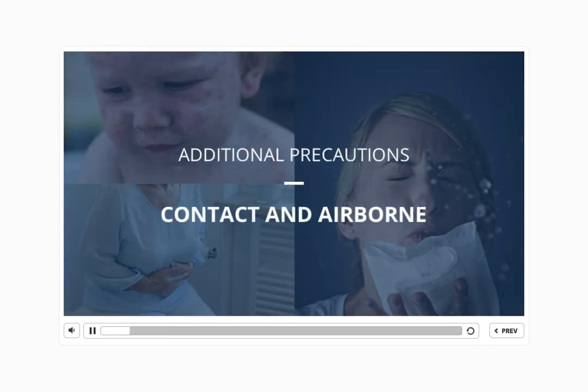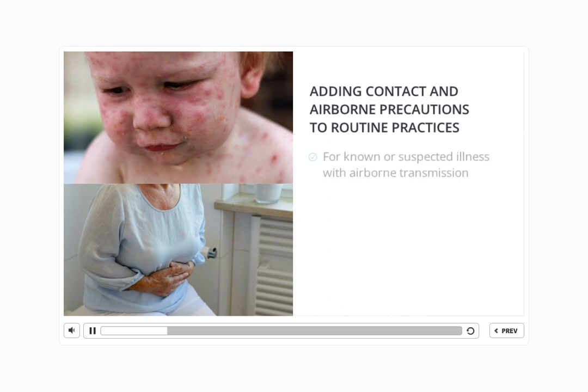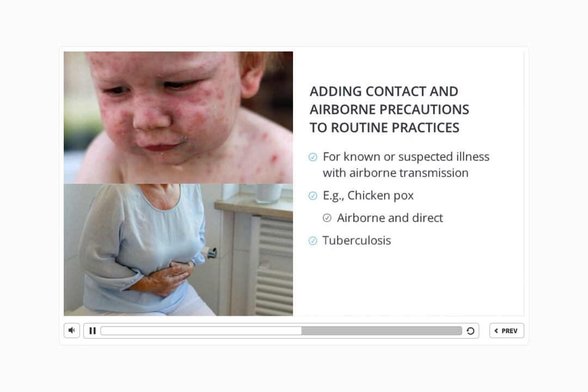At times there are known or suspected illnesses where the pathogens are airborne. Examples include chickenpox, which is transmitted by airborne organisms and by direct contact with draining lesions. In this case, we would add gowns and an N95 mask. Where a client has active tuberculosis, transmission is by close contact with airborne organisms.